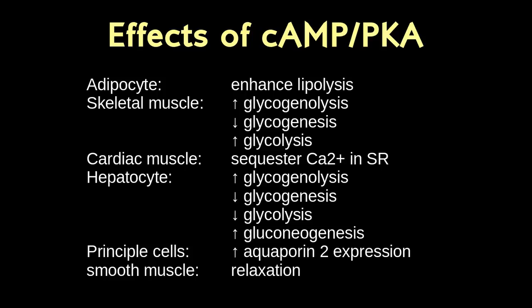And in the hepatocytes, in liver cells, we do some similar things to skeletal muscle. We're increasing glycogenolysis and decreasing glycogenesis. And we're decreasing glycolysis. And we're increasing gluconeogenesis, which is making glucose from non-carbohydrate molecules. And then principal cells, these are actually in quite a few things, but we'll come back to that.